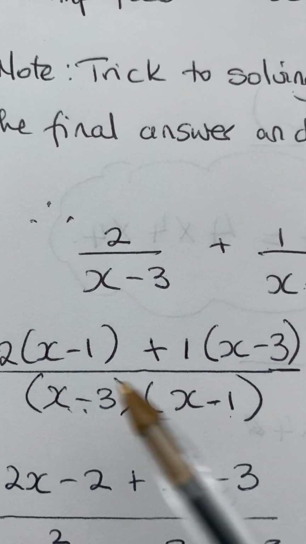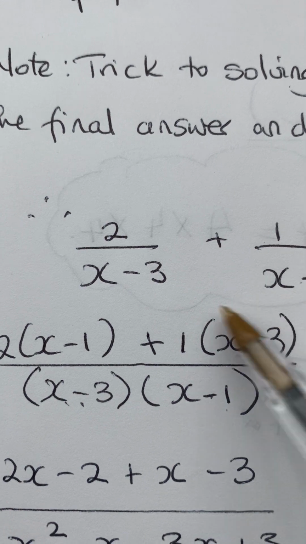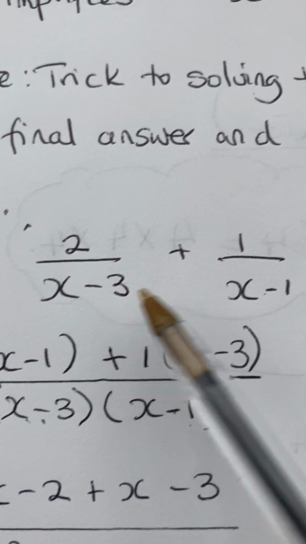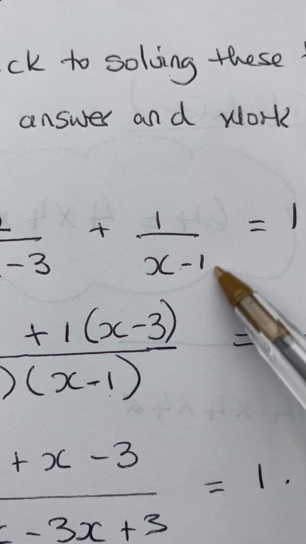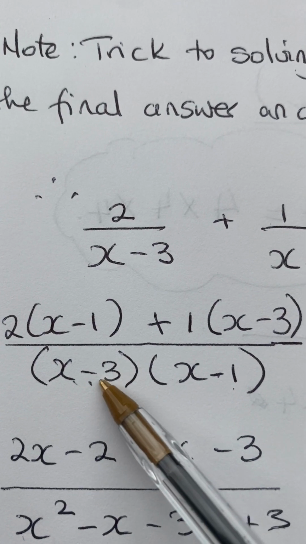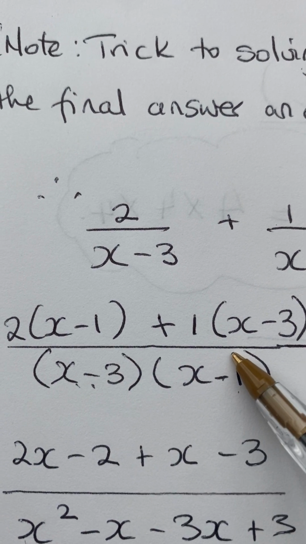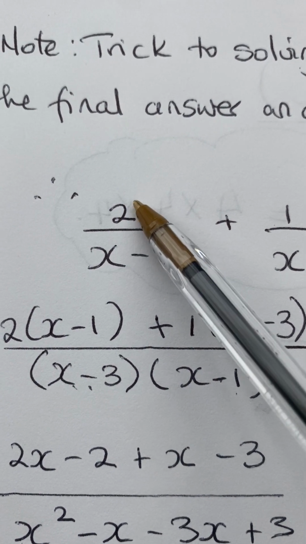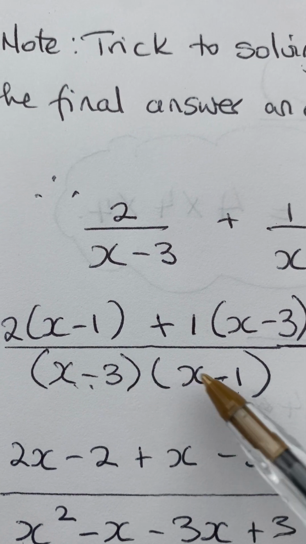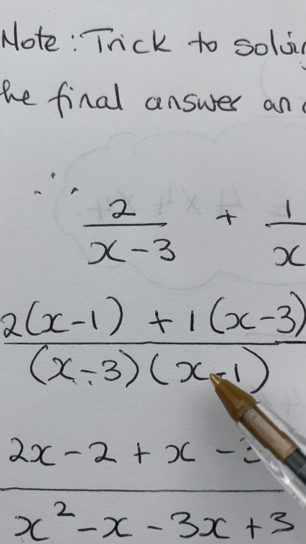So the common denominator here, I'm going to multiply x minus 3 by x minus 1. So now x minus 3, x minus 1. How many 2's do we have in x minus 3, x minus 1?